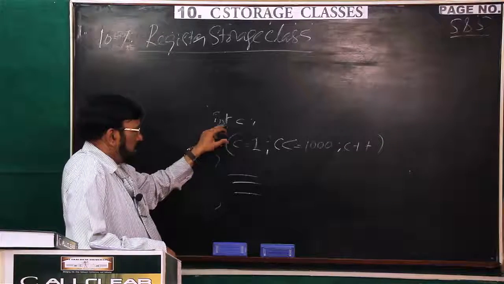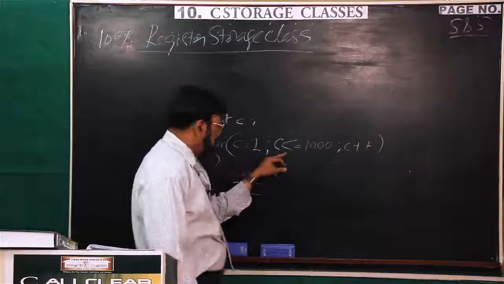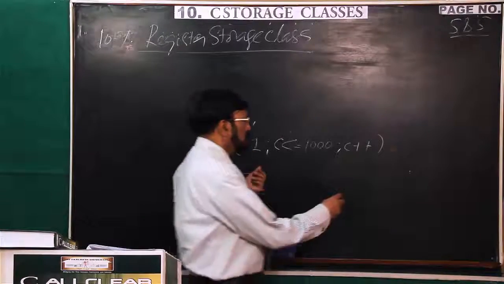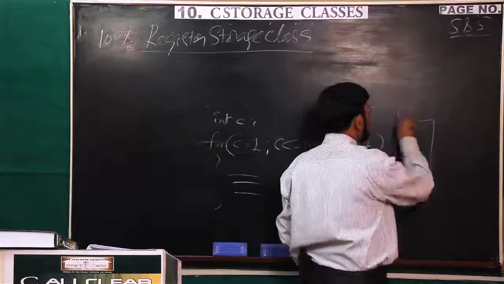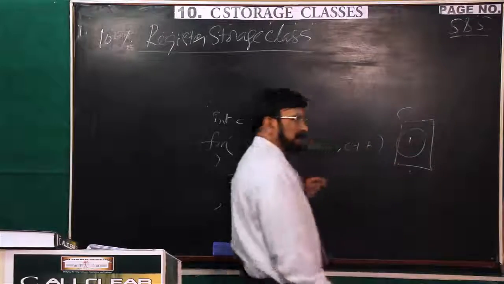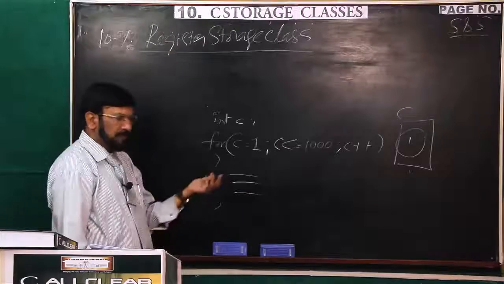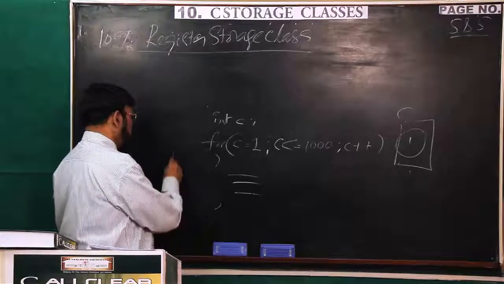Then actually what happens is, every time it should be updated. The original value of variable c is 1. Everything is executed in a processor.